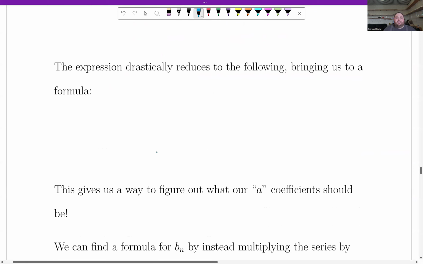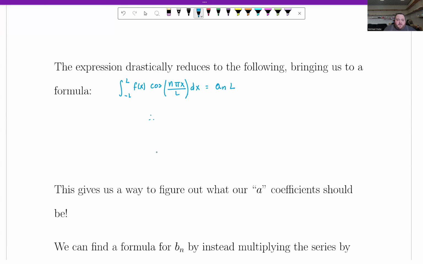The expression drastically reduces to the following, bringing us to the formula that the integral from negative L to L of f of x cos n pi x over L dx is equal to A n L. And so therefore, A n is equal to 1 over L times the integral from negative L to L of f of x cos of n pi x over L dx.